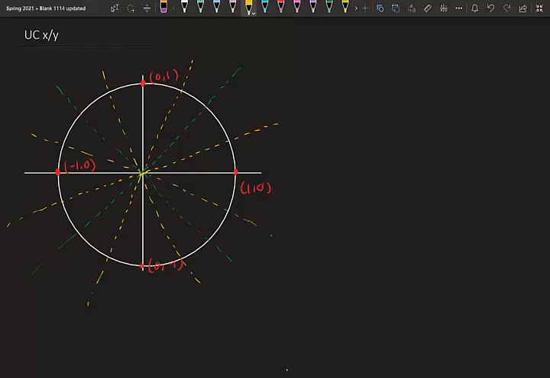Alright, luckily I give you the unit circle, you just have to fill it in. You don't actually have to draw it, thankfully.